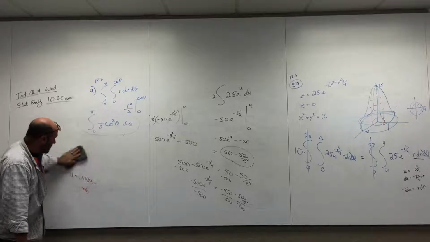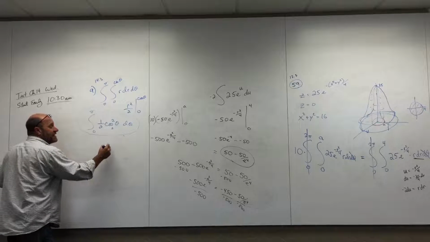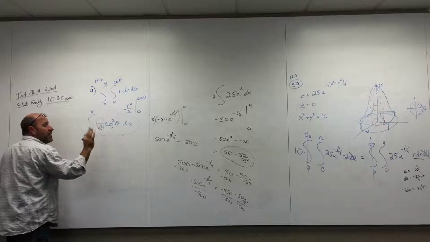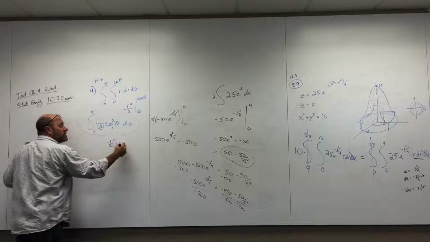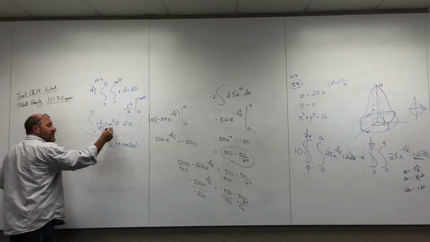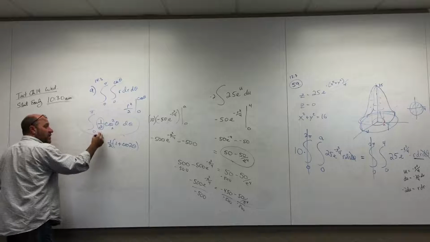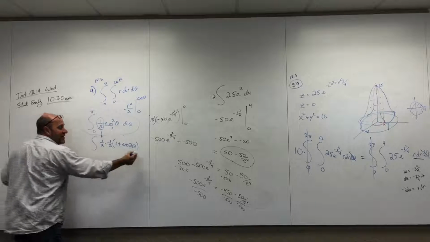Let me see if I can remember it. The half angle formula for cosine squared is, now this half is already here, but the half angle formula I think has another half, 1 plus cosine 2 theta. So a cos squared turns into this, and now you can integrate it.